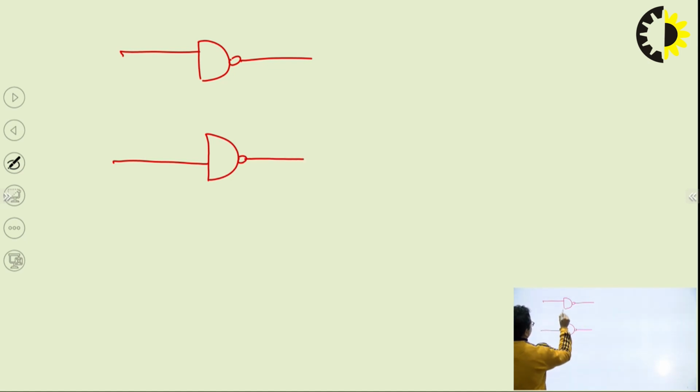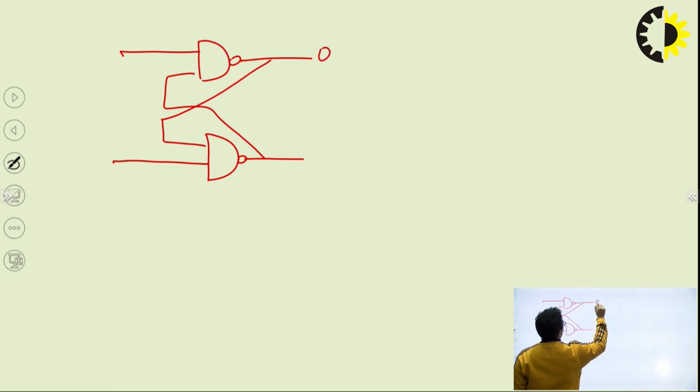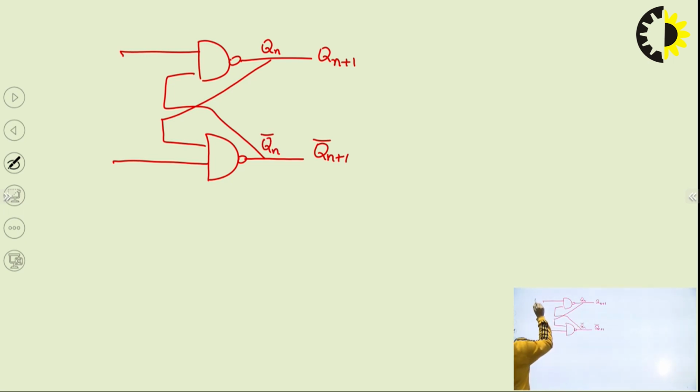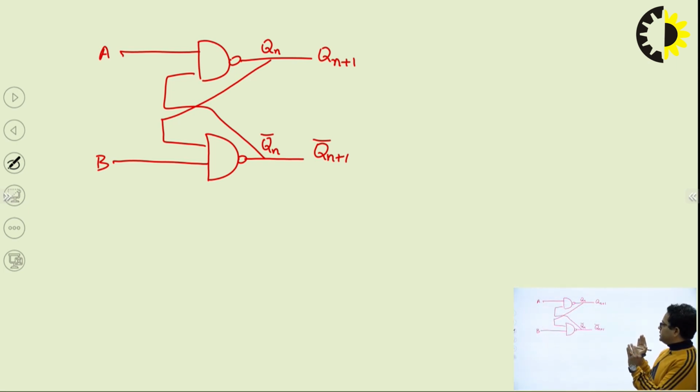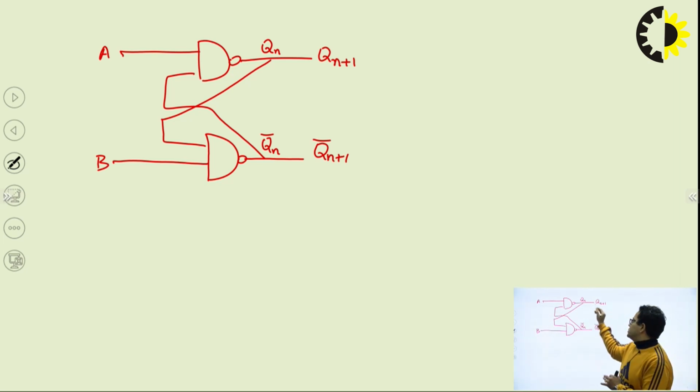So these are NAND gates connected in a cross-coupled manner. These are some terms related to the latch: Qn plus 1, Qn plus 1 complement, and this is Qn, this is Qn complement. Similarly, these are the inputs; if I call them A and B, these are my two inputs. Now we are seeing that we have three terms. First is Qn plus 1.